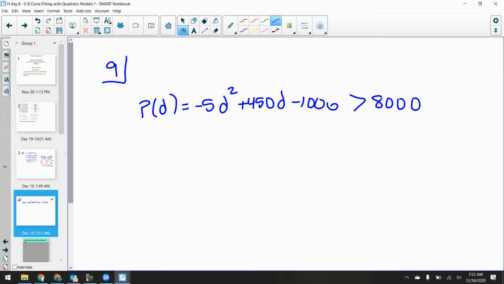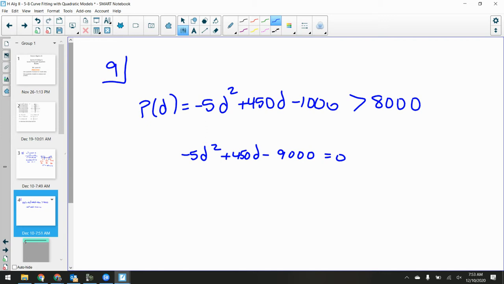Okay, so treat it like an equality and subtract over the 8,000. I'm going to get -5D squared plus 450D minus 9,000 is equal to 0 because I subtract over the 8,000. Now at this point, those all look like I can divide by 5, don't they?